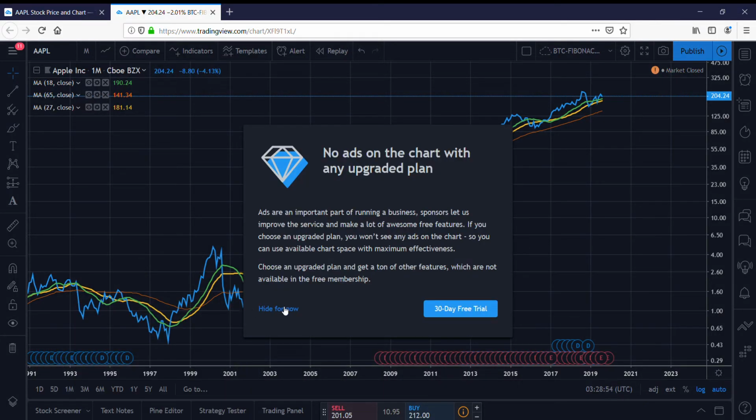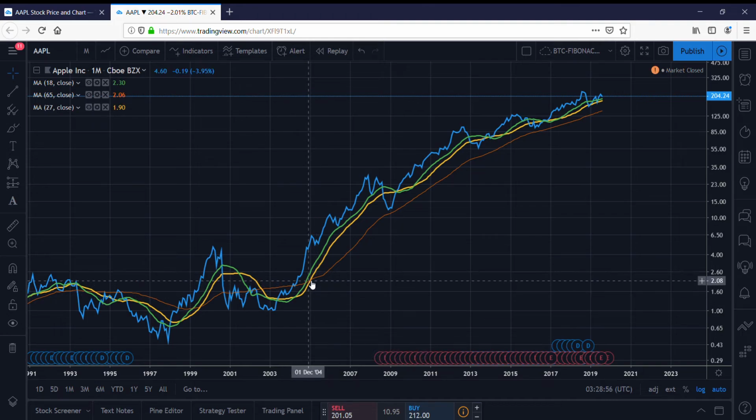For monthly duration also, you can see this is a huge support for the stock, and once the support is crossed, it is going down. So right now this stock is not down below the 65 moving average, but yeah, here on the large duration, like monthly duration, we have a huge support on the 18-month average, and then 27, and then 65.